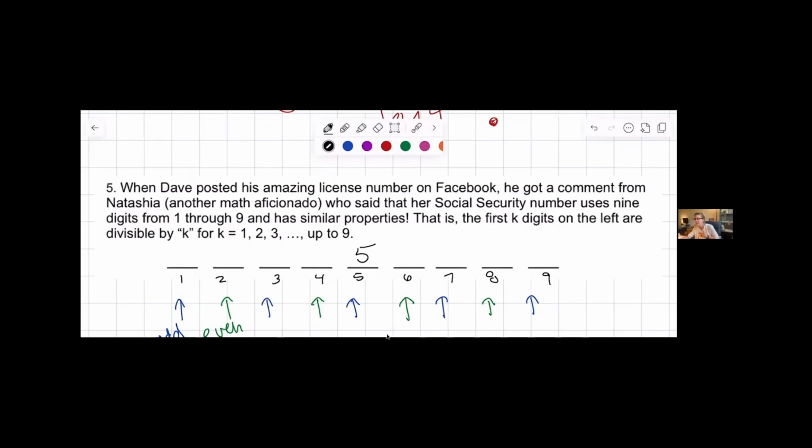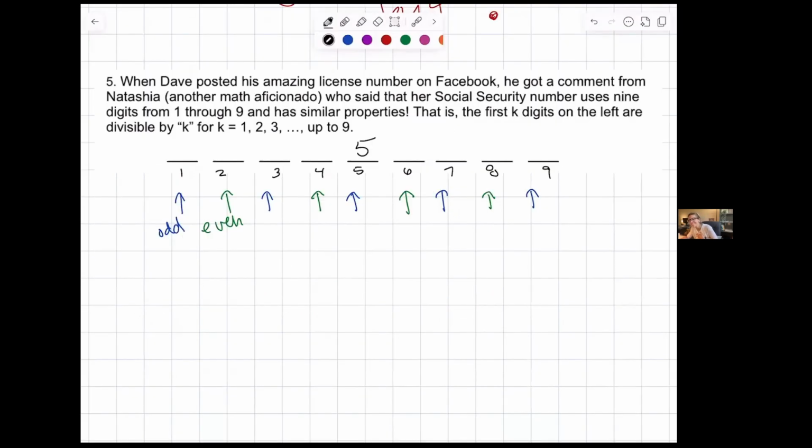Good. I see a guess in here. People guessed the same one. Cool, cool. Let me see.